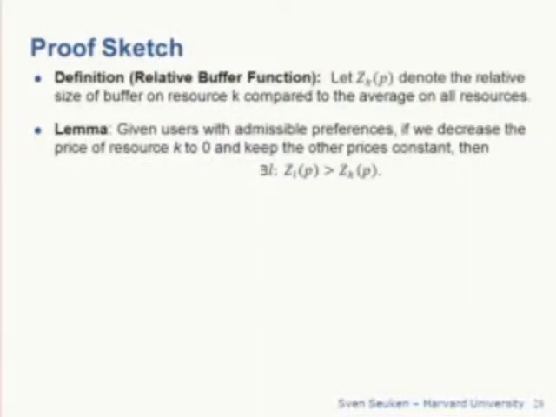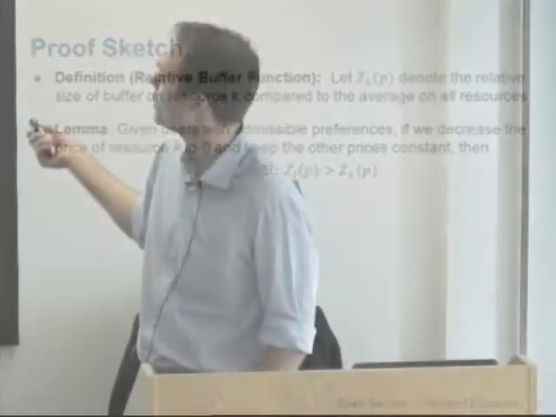Then we show that, given that users have admissible preferences, if we decrease the price of this resource k to 0 and keep the other prices constant, then at some point there will be a resource l whose buffer will be larger than the buffer for resource k.